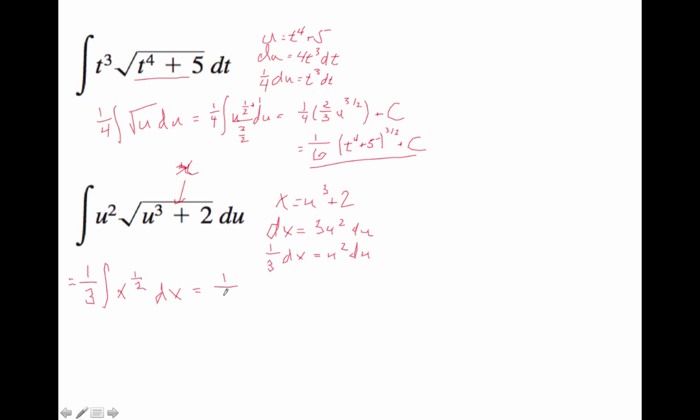Well, the antiderivative of that is the same as the last problem, so we get 1/3 times 2/3, x to the 3 over 2 plus c, which is going to equal 2 over 9, plugging in u cubed plus 2 back in, u cubed plus 2 raised to the 3/2 plus c.